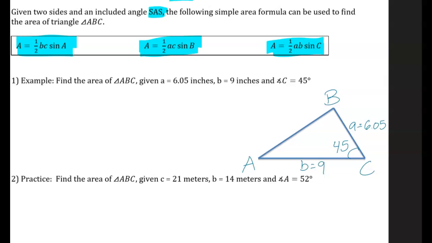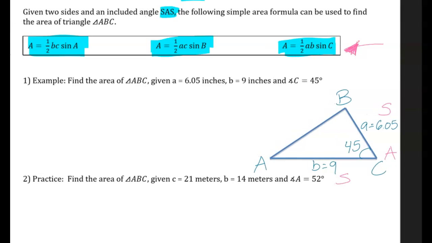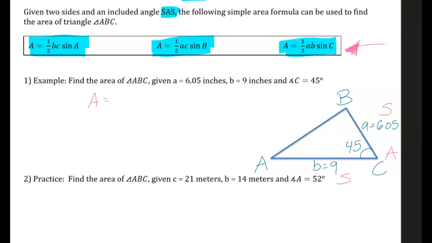So here we do definitely have a side angle side triangle, SAS, meaning we can now apply this new area formula. What it states is the area can be found by multiplying 1/2 times one of the sides it gives you times the other side it gives you times sine of the angle between, which in this case is 45.